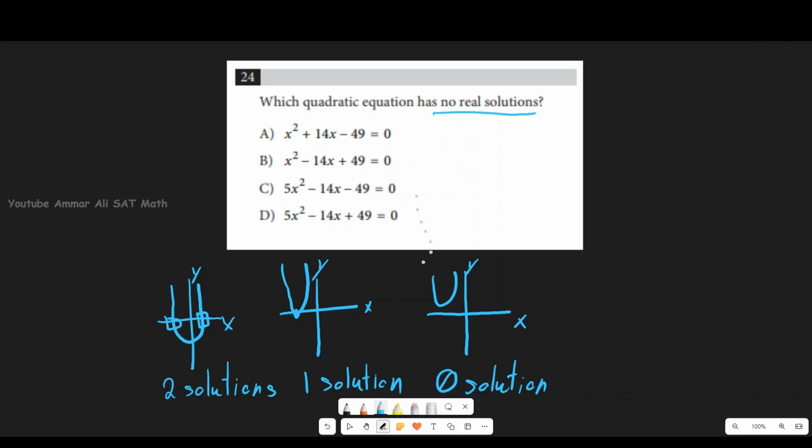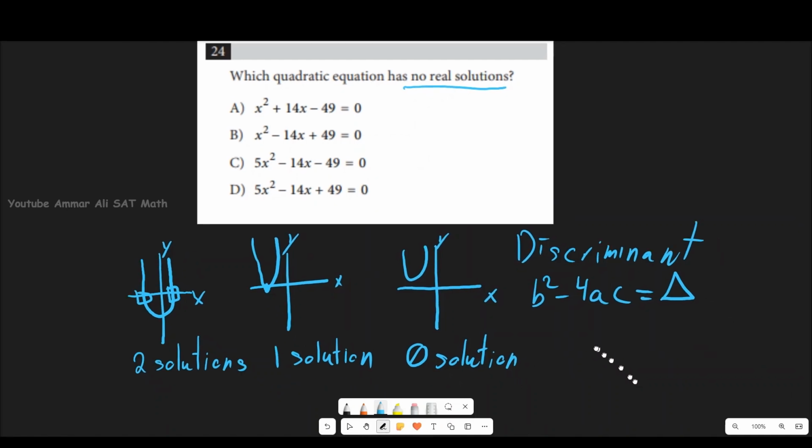Well, the concept that ties all of this together is the discriminant. A quadratic formula discriminant is given by the equation b squared minus 4ac, and that is equal to delta, the symbol we use to represent the discriminant.